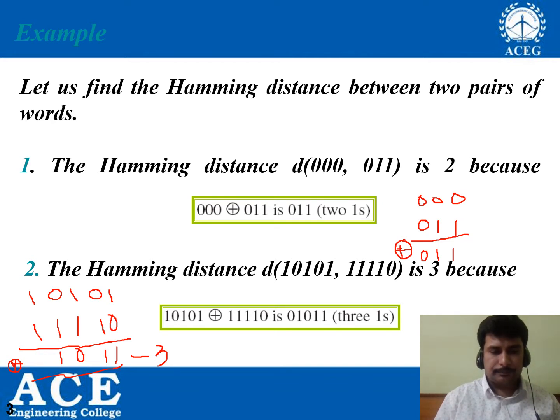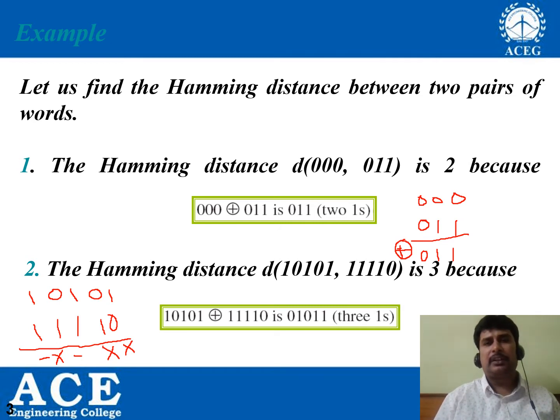These are same. 0 and 1 are different, so we'll put a cross mark. 1, 1, same. 0, 1, differ. And 1, 0, differ. So the number of bits in which the two data words are different is 3. Hence the Hamming distance is 3.